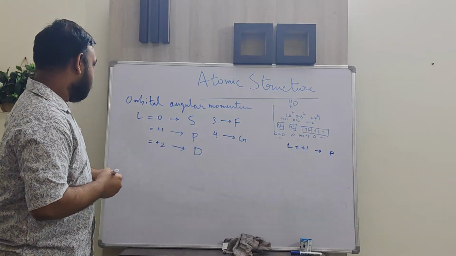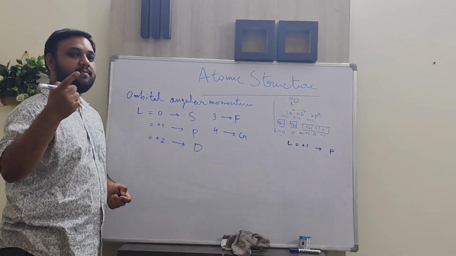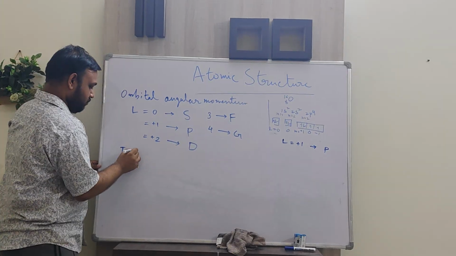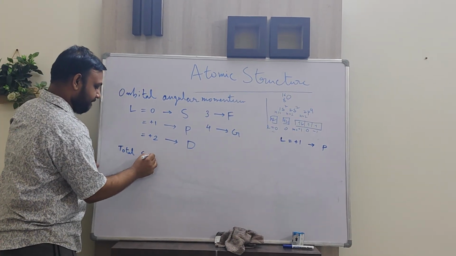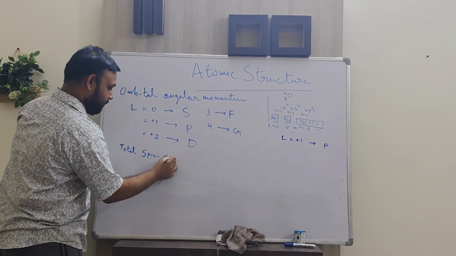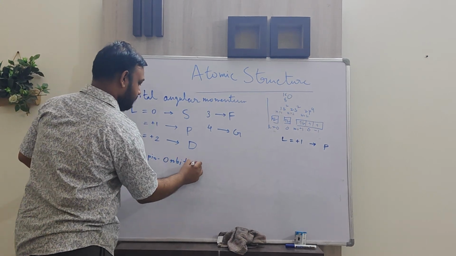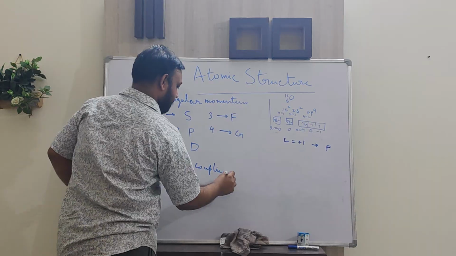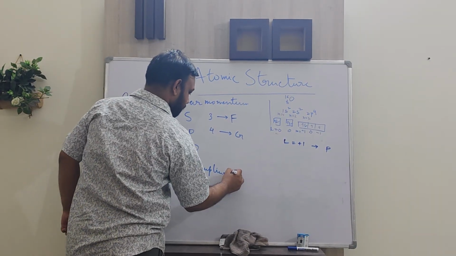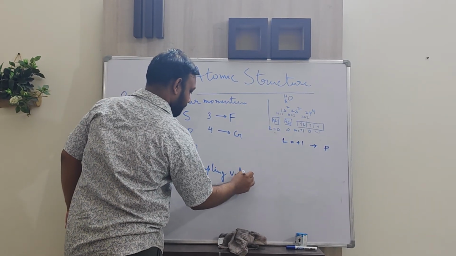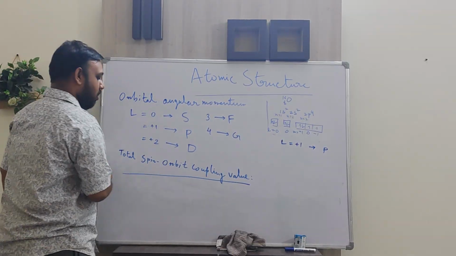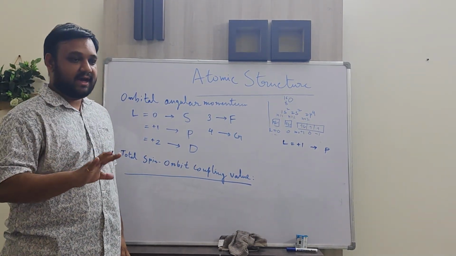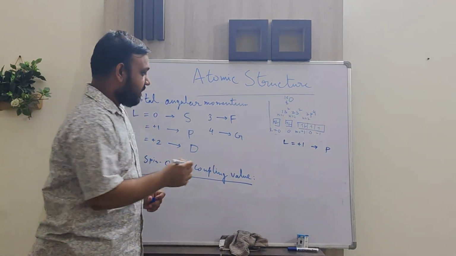Okay. So now let's talk about another important thing, which is the total spin orbit coupling momentum value. What is the spin orbit coupling value? First of all, we have discussed that electrons are spinning.